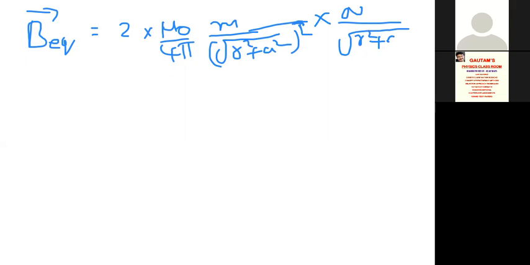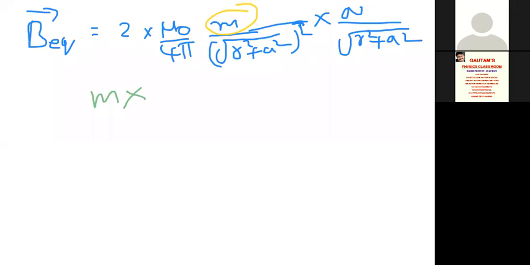Observe the numerator. m is there, 2 is there, a is there. So in the numerator, m into 2a is there.